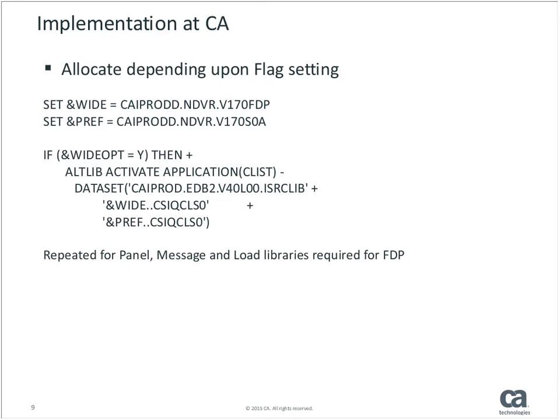And then we test the option to determine whether or not data sets are supposed to be allocated. This way we always make sure that they are allocating the right libraries at the right point in time, and any changes made to those libraries, they don't have to do anything. It's just make sure that the option is set and they can move forward.